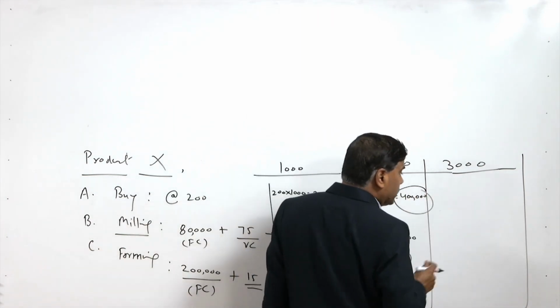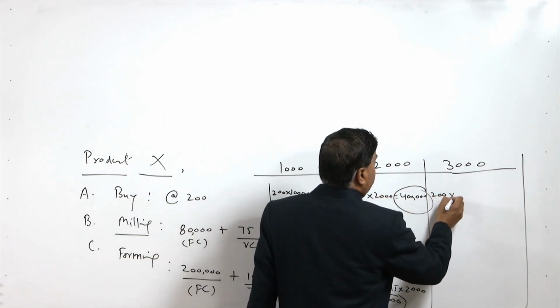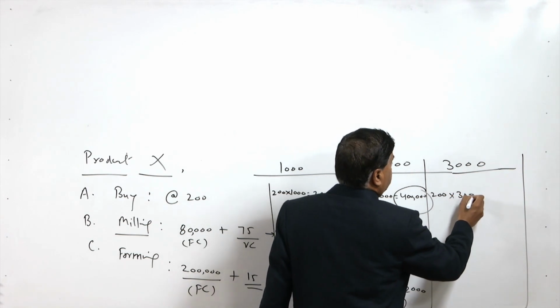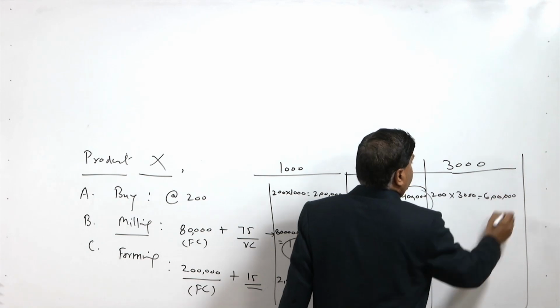And what if 3000 units are to be made? In that case, 200 is the rate and 3000 units to be obtained, so the total cost will be 600,000.